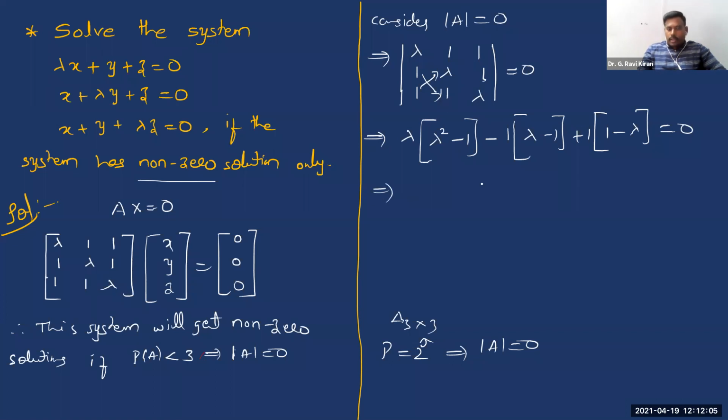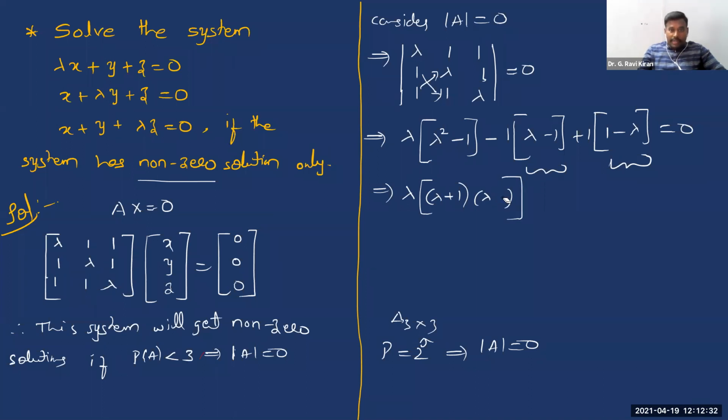Right? Now see, look at these terms carefully. Here it is lambda minus 1, fine. From the third term, by taking minus common, you can rewrite this as lambda minus 1. So in these two terms, we have a possibility of taking lambda minus 1 common. Therefore, even from the first expression, I'm writing it like this: lambda times, when it is lambda square minus 1, we can write it as lambda plus 1 into lambda minus 1.